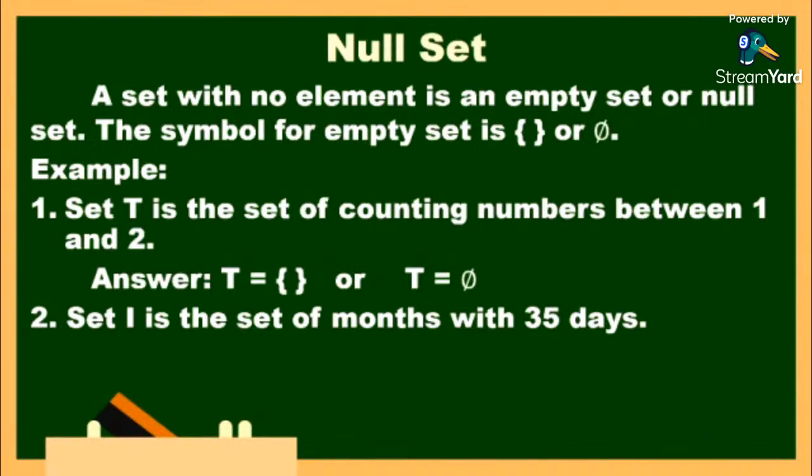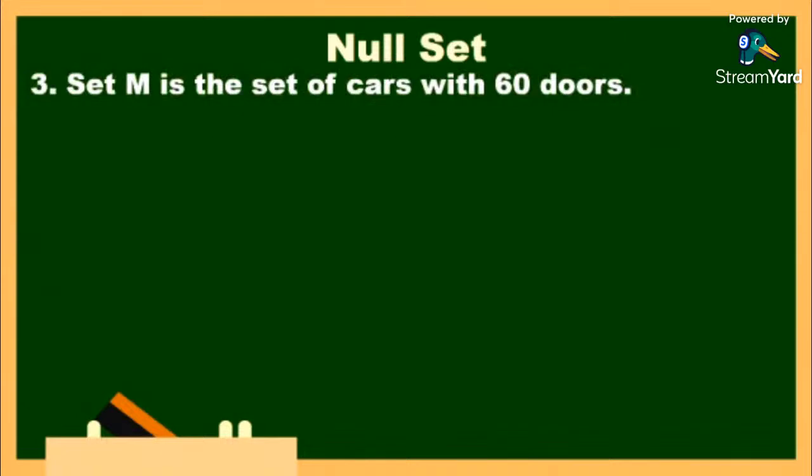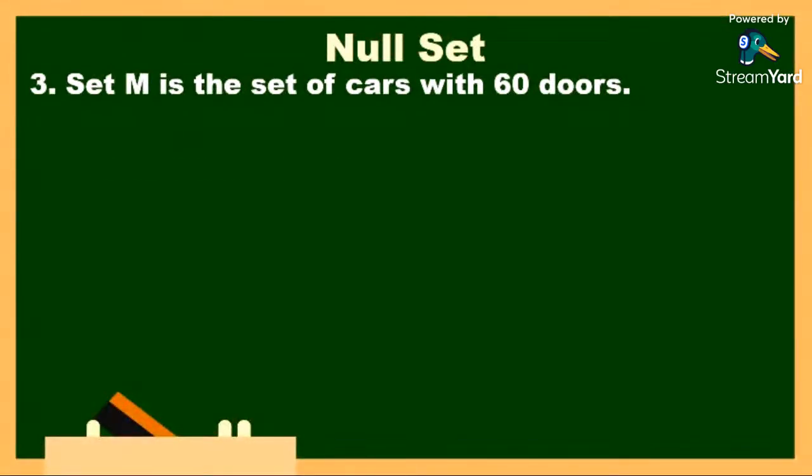Kaya, si set I is a null set or an empty set. Another example, set M is the set of cars with 60 doors. So, wala naman sigurong car na merong 60 doors, kaya si set M ay a null set or an empty set.